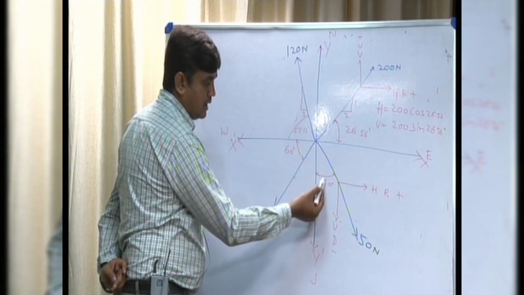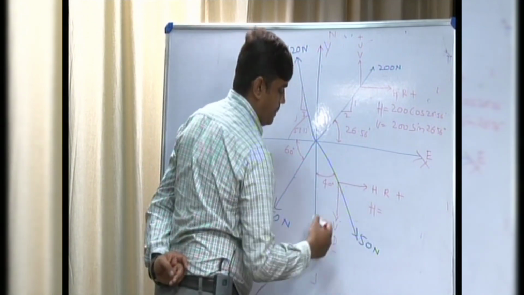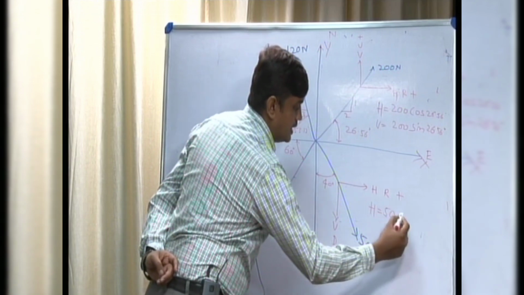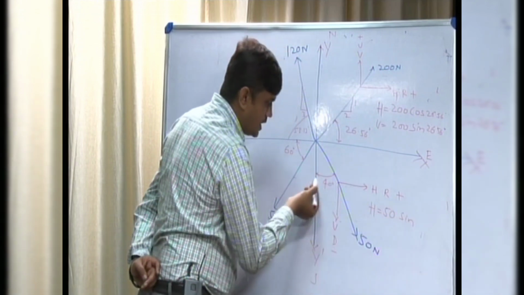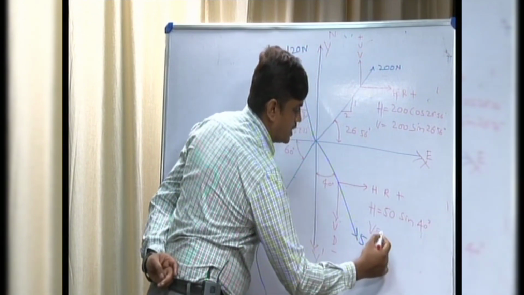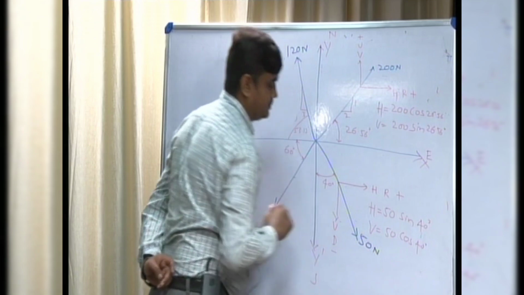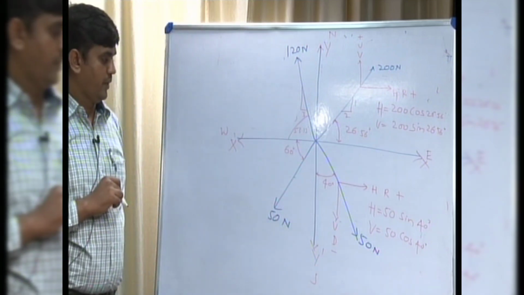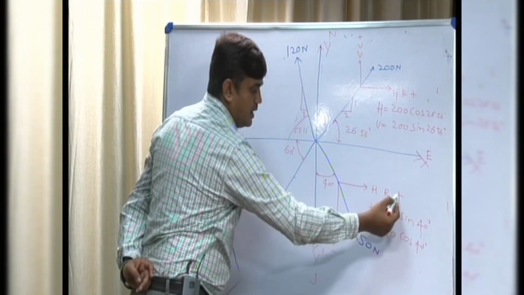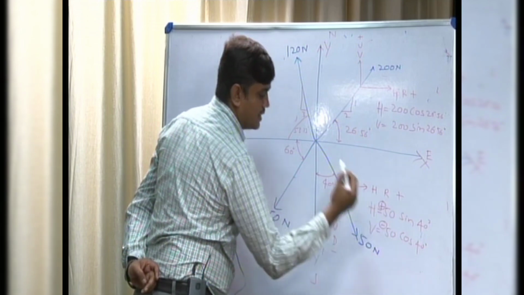Observe the angle is with the y-axis, so horizontal component will be 50 Newton sine 40 degree, and vertical 50 cos 40 degree. This is positive, this is negative.